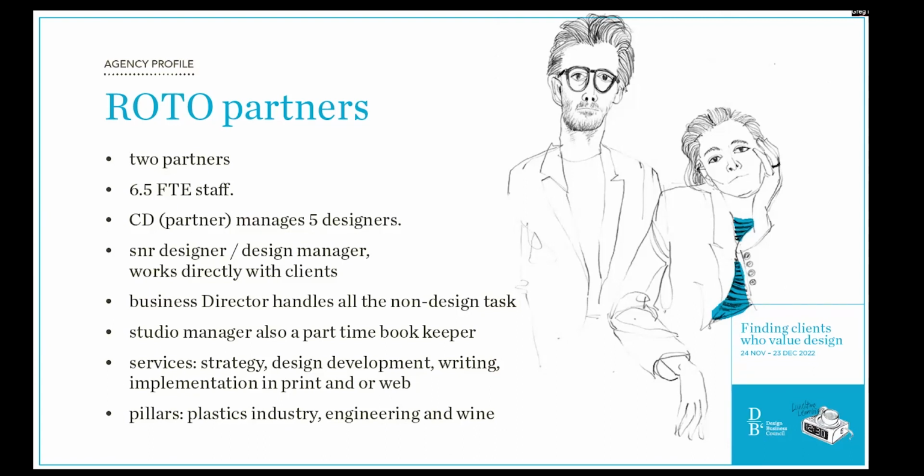They have a studio manager who's largely responsible for trafficking all the work through the business, and a part-time bookkeeper. Their services: they offer a strategy service, which is very heavily based in research. So they don't do strategy until they've done a decent level of research.